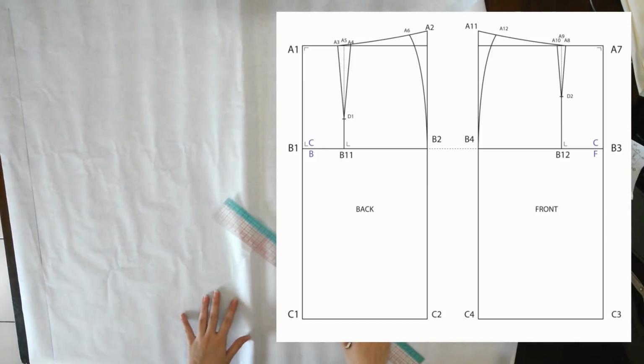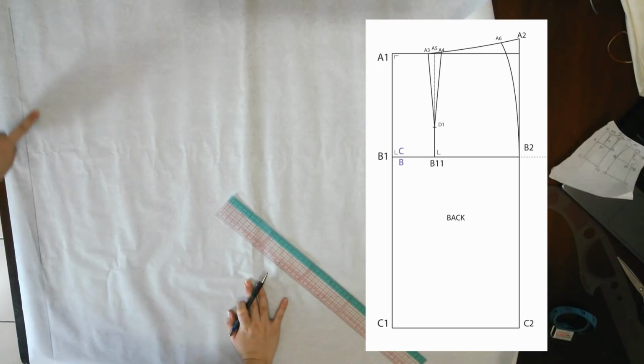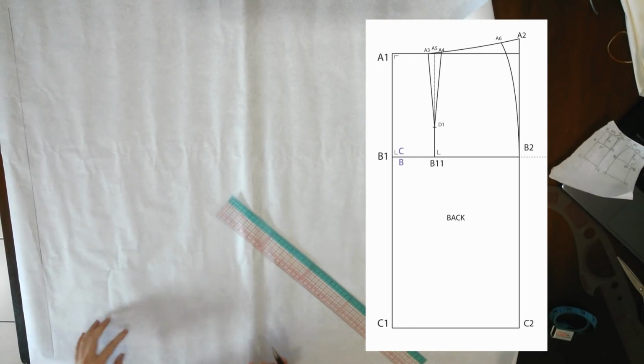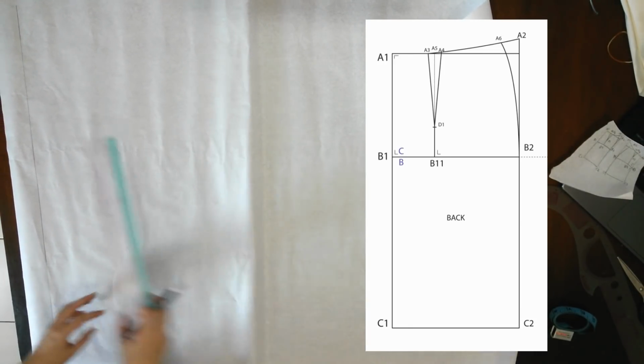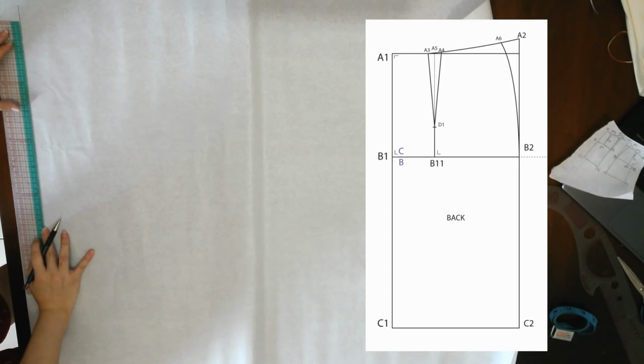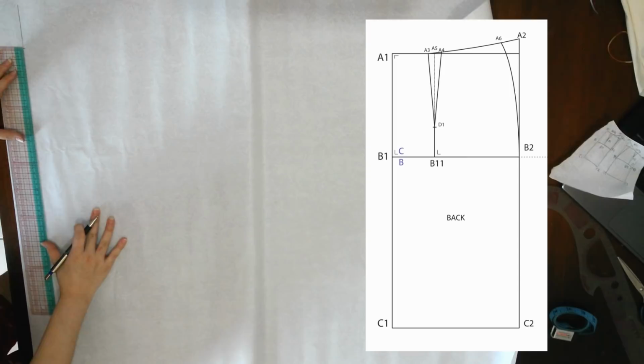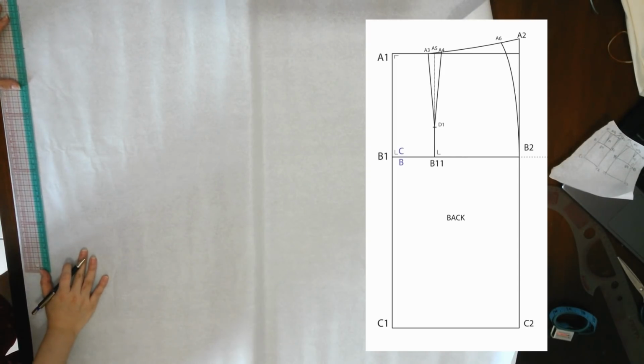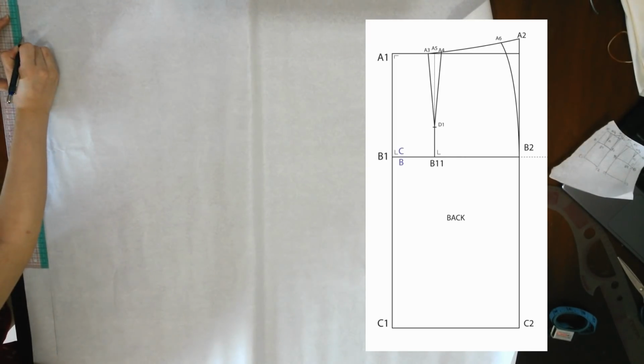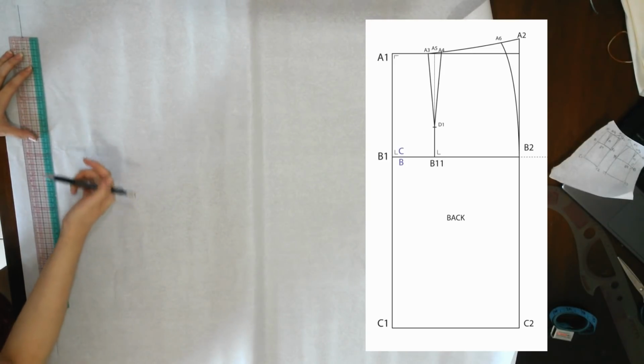First, I'm starting with the back skirt. I'm making a straight line from A1 to C1. The length is the skirt length you desire. I am using a standard length of 60 cm.